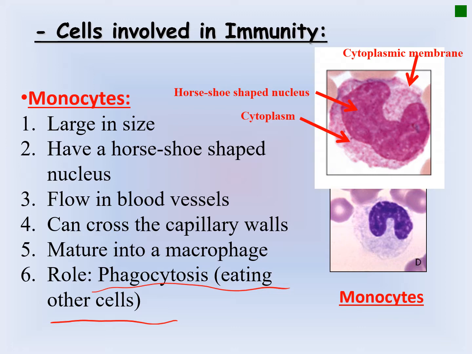Monocytes are large in size. They flow in blood vessels. They can cross the capillary wall, and they have maturation into a macrophage, and their role is phagocytosis, meaning eating other cells.